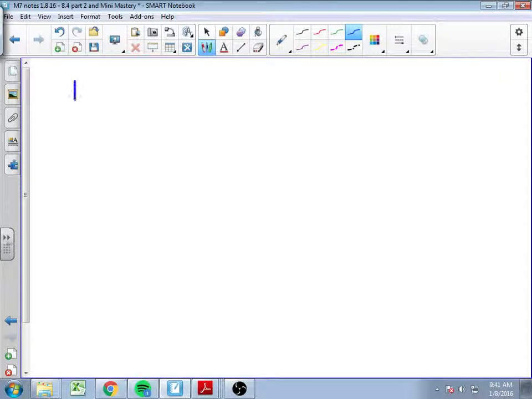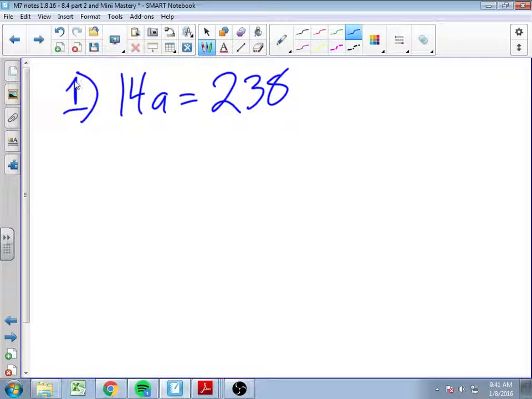So number one, we have 14a equals 238. Haley, when we look at the A, what's being done to the A? Answer that first, then tell me what we need to do. Right now, A is being multiplied by 14. If this is confusing for you, show the multiplication dot.